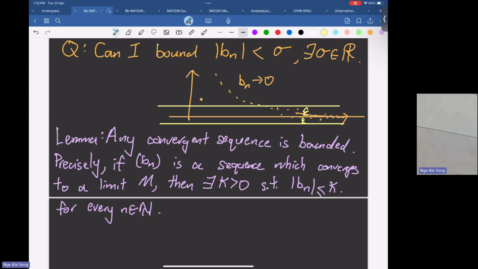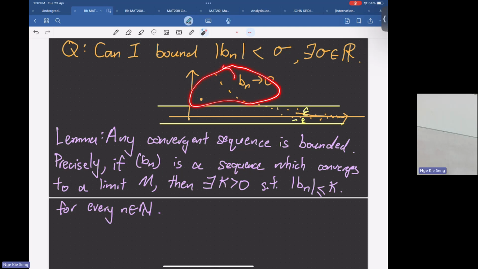Because if you want to converge, all the terms behind a large enough n have to be within the epsilon gap. So how do you find the largest guy? There are really only finitely many of them to consider. Which one is the greatest one?